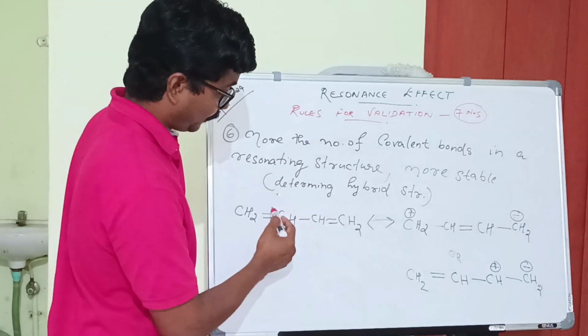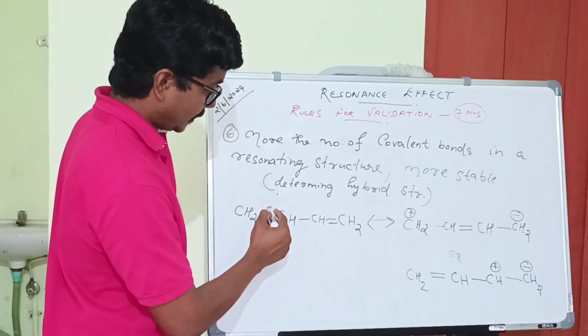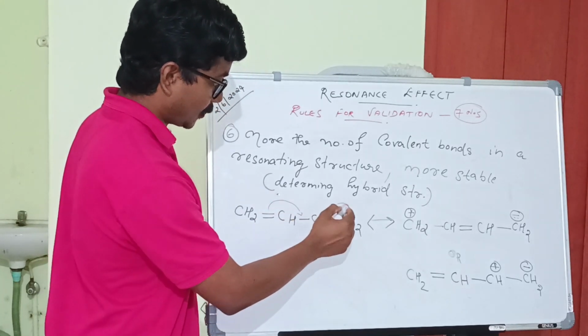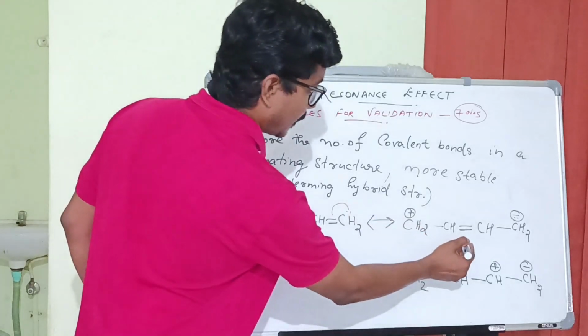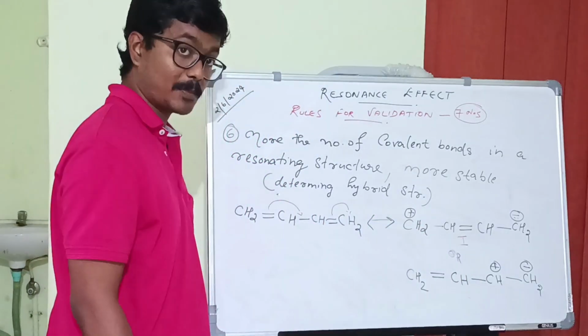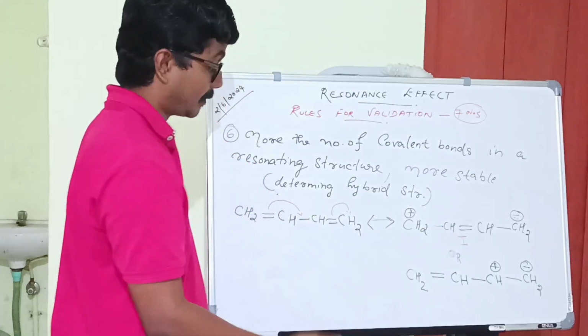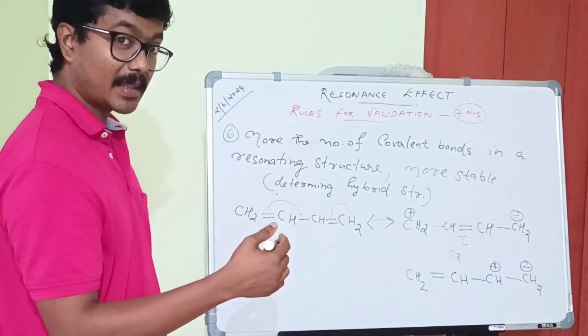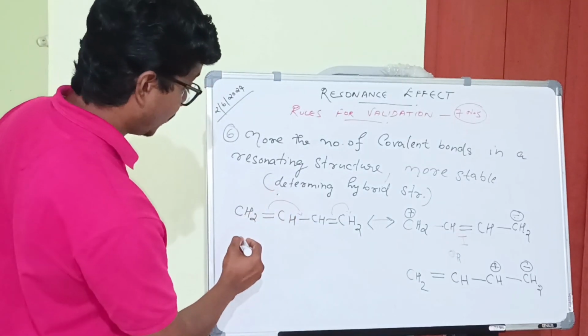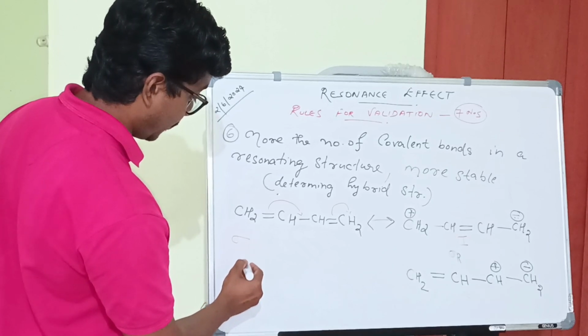this comes to here and this goes to here. As a result, the first structure is obtained, where a double bond comes between the middle two carbon atoms. So let's count the number of covalent bonds here, sigma and pi.